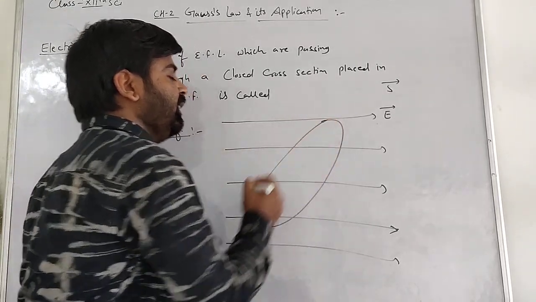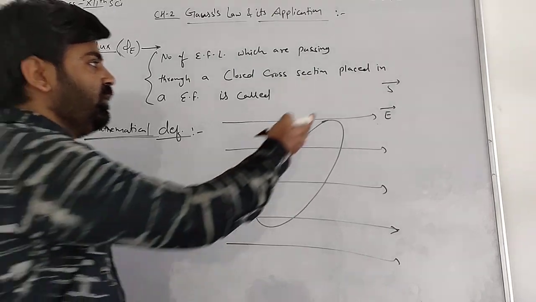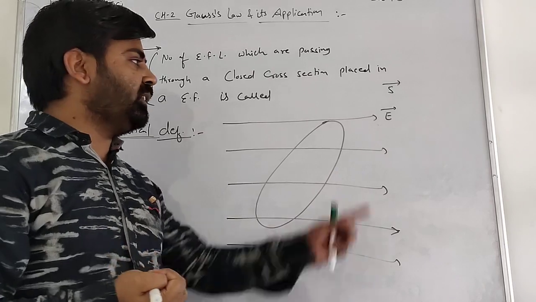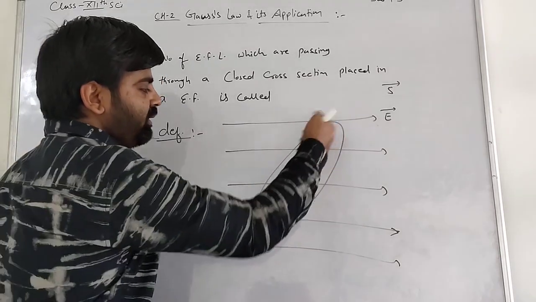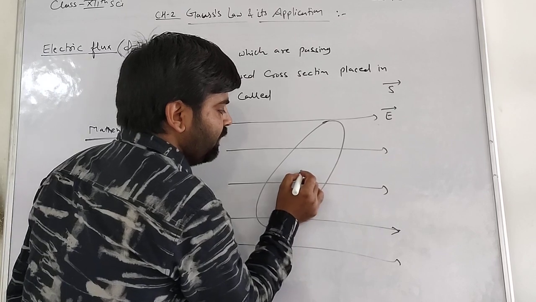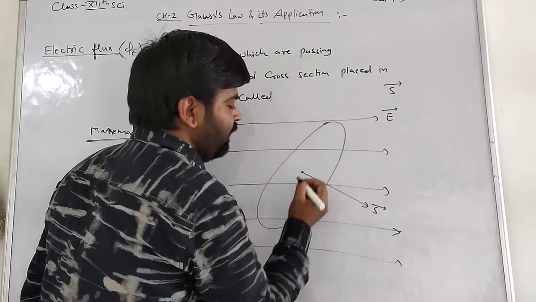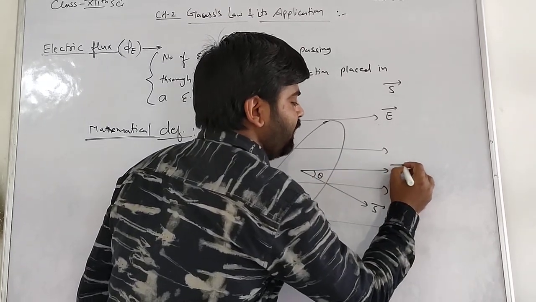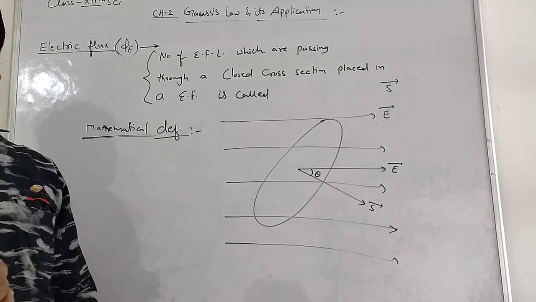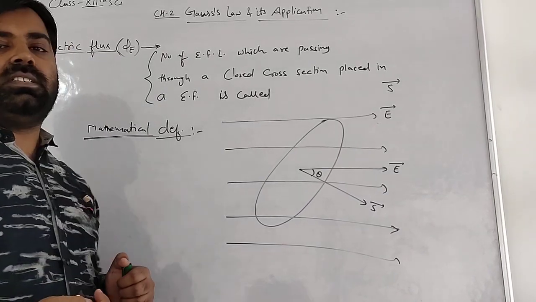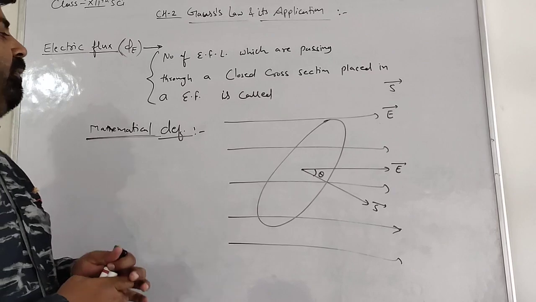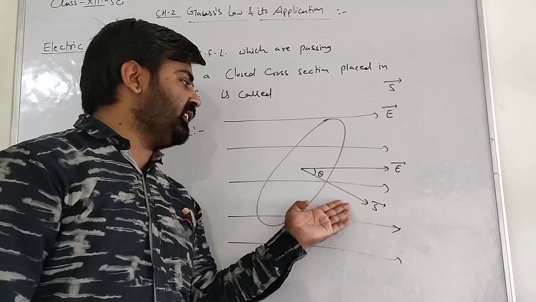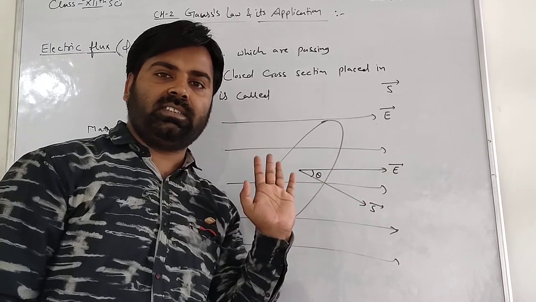For general discussion, this cross sectional area is placed at theta angle from the electric field, so its direction vector S makes theta angle with the electric field.